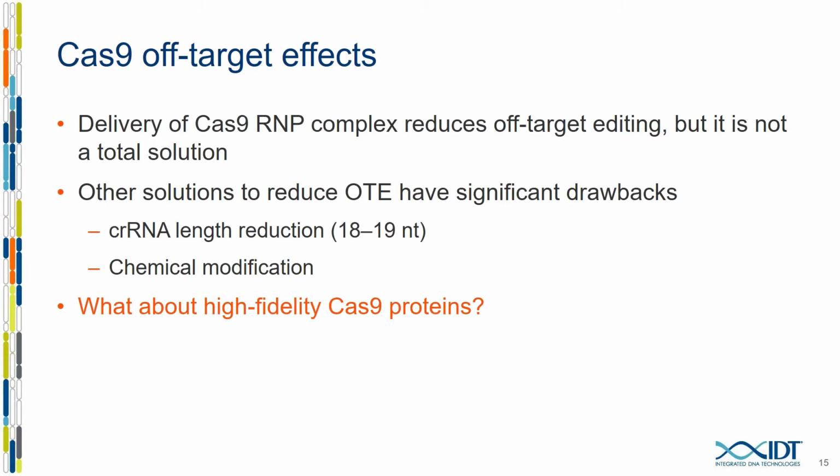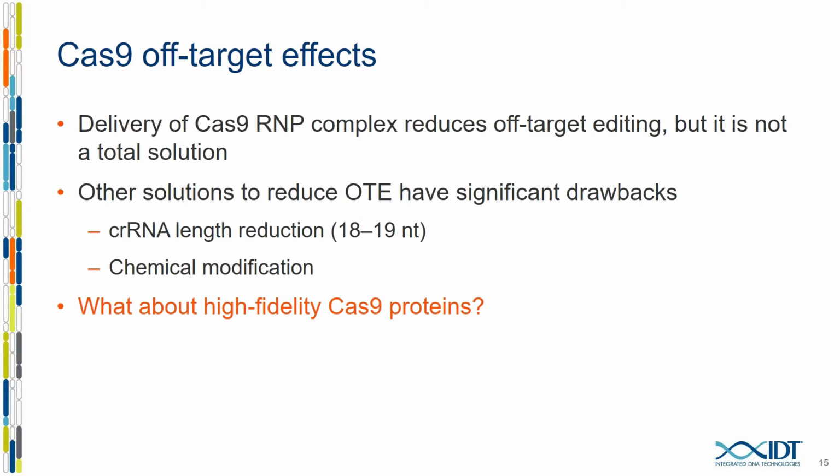We've tested this internally, and we found that in certain cases it can indeed help, but oftentimes you'll find an unpredictable reduction in on-target editing at the same time as a reduction in off-target editing. That's something you don't want. And it's been basically the same story for chemical modifications. There have been some papers that have come out saying if you put specific altered bases at specific positions in the crRNA, you can minimize off-target editing, and we found it's a mixed bag.